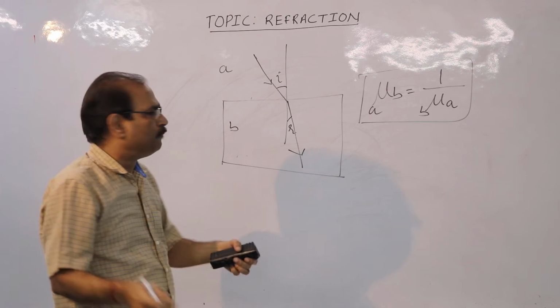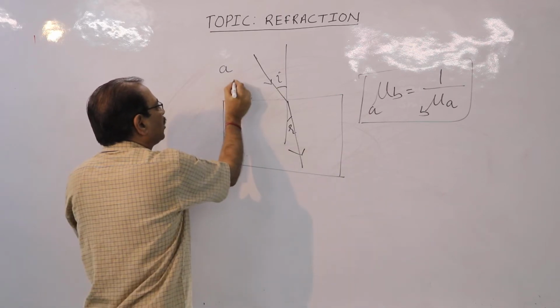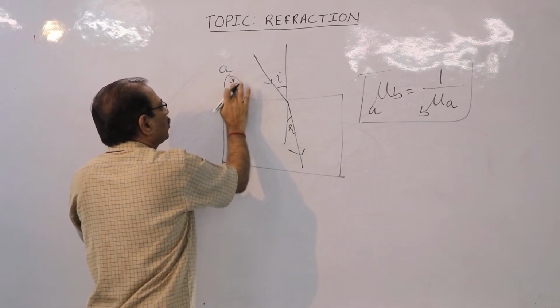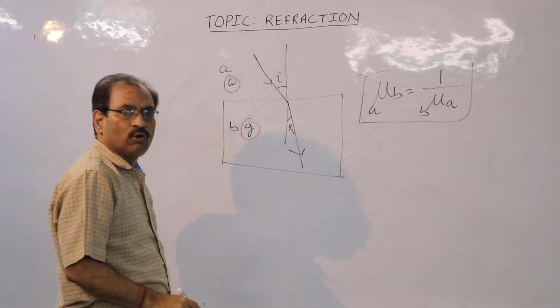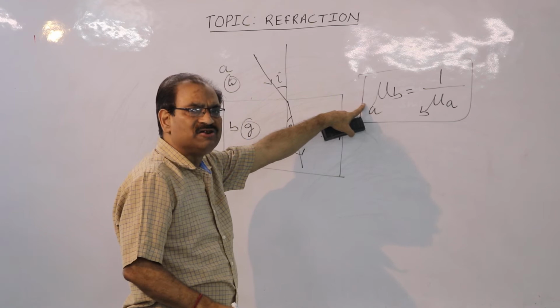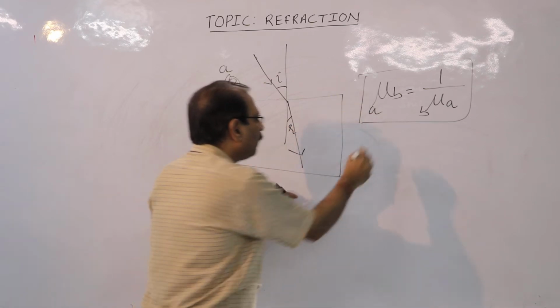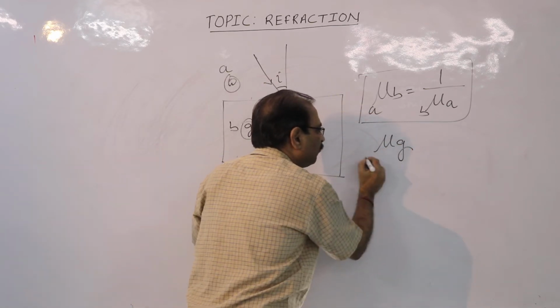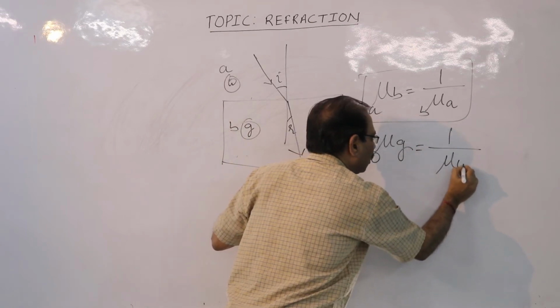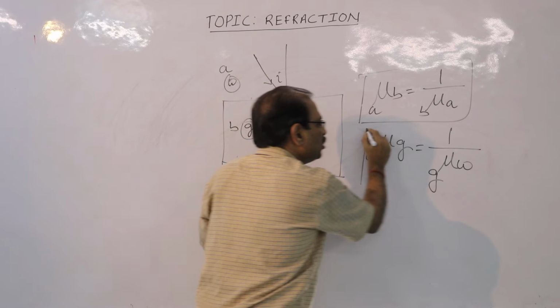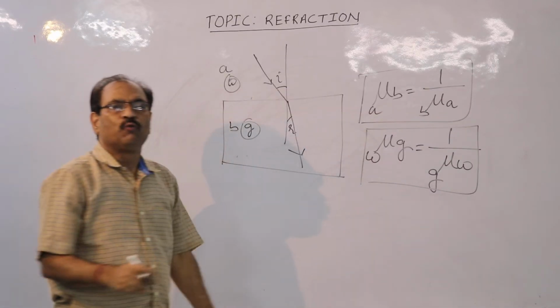I take one example. For example, A is water and B is glass. So remember, as per the principle of reversibility of light, mu of glass with respect to water is always equal to 1 upon mu of water with respect to glass. Children, a simple proof is there.